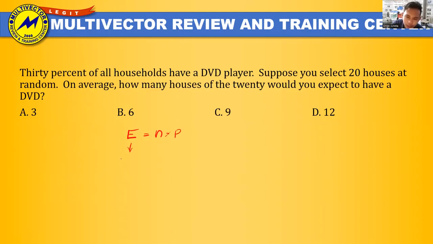E is the expectation, N is the number of our population, times the probability. Here it says there are 20 houses, and out of the houses, 30% have a DVD. So 20 times 30%, which is 20 times 0.3, equals 6.